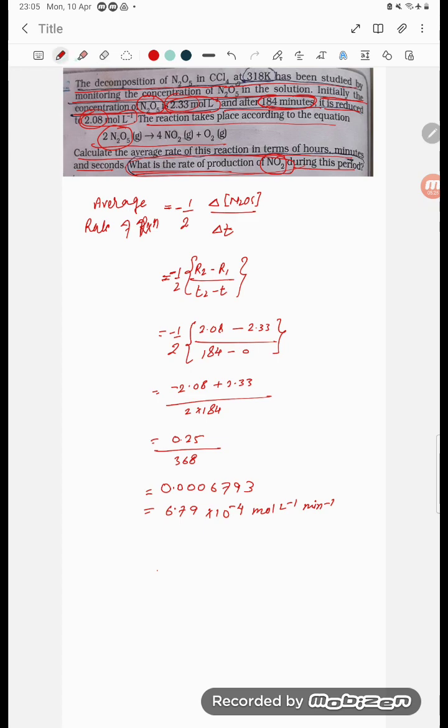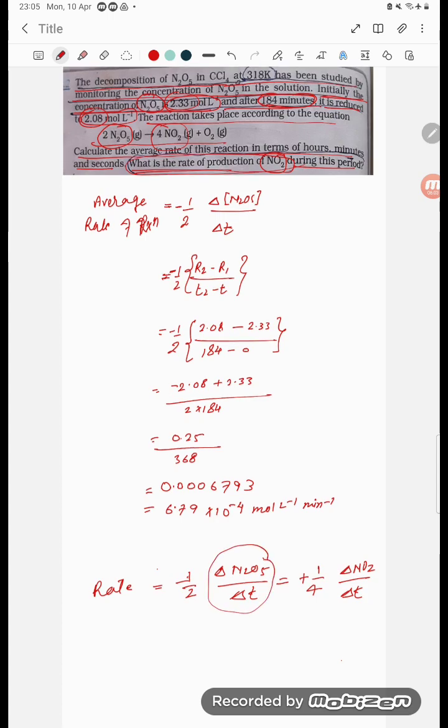So in terms of rate, rate is equal to minus 1 by 2 delta N2O5 upon delta T, equal to plus, the coefficient of NO2, 1 by 4 delta NO2 upon delta T. This value, you already got.